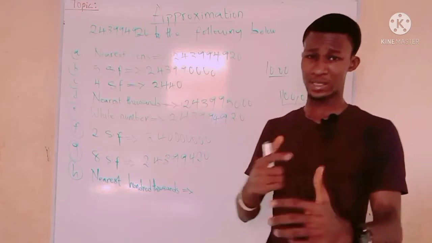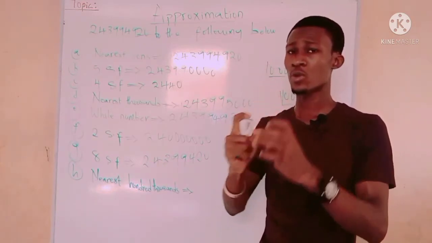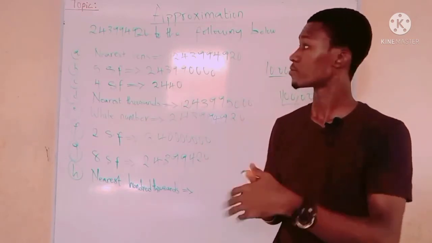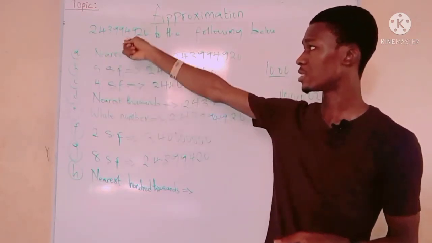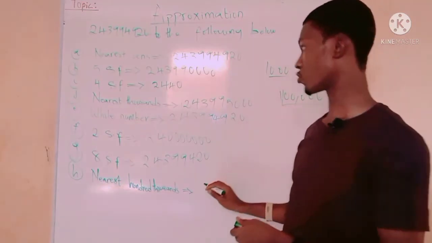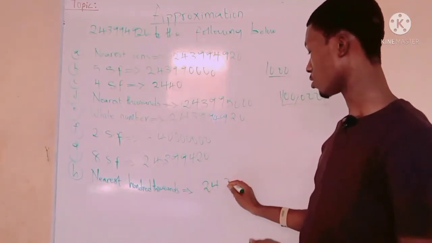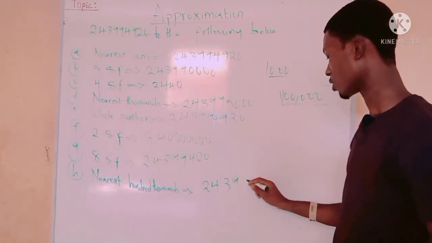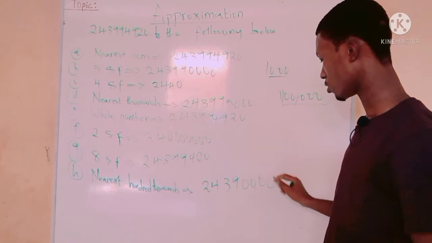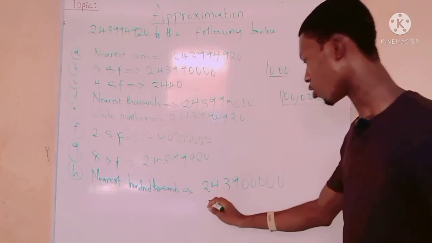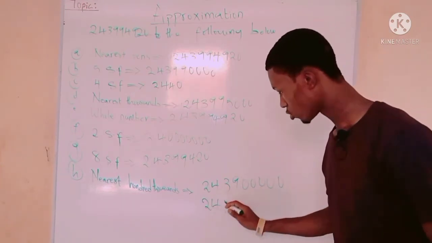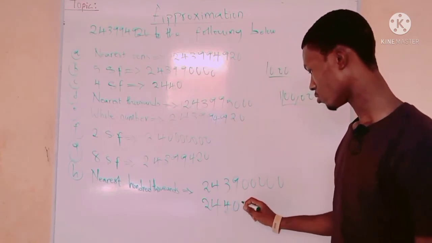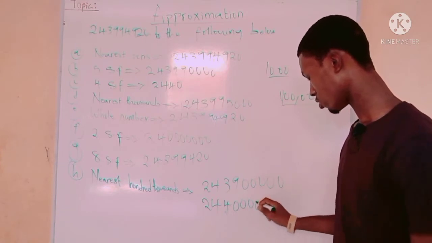We shouldn't forget that we're still going to check very well the first number that is transforming to 0. And what's our first number transforming to 0? 9. So are we going to write 2, 4, 3, 9, 0, 0, 0, 0, 0, or are we going to write 2, 4, 4, 0, 0, 0, 0, 0?